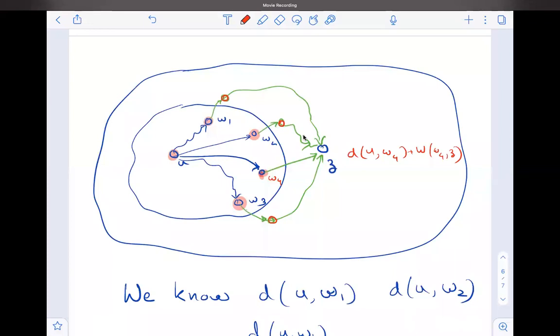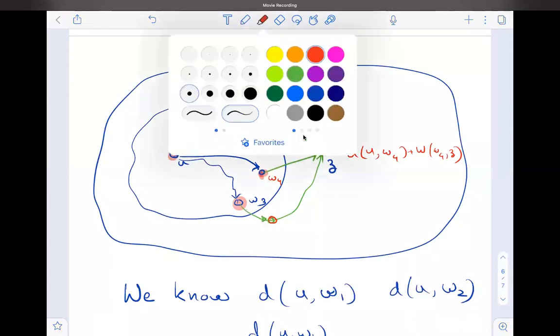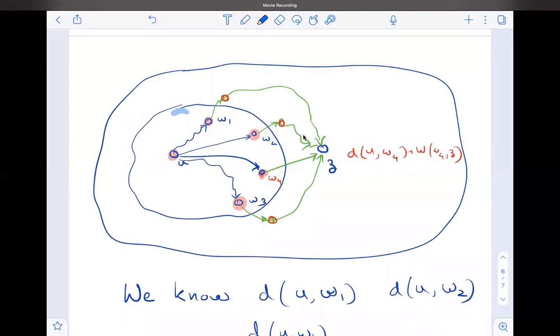If I define the blue color as the boundary of the vertices to which we know the shortest path, let's look at all the vertices that can be reached by a single edge jump from this blue boundary.